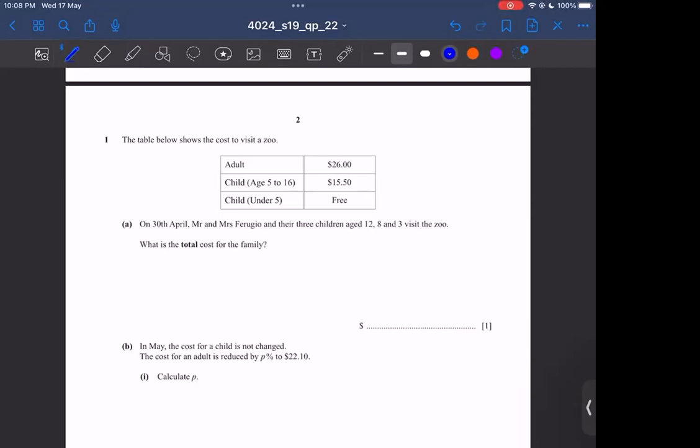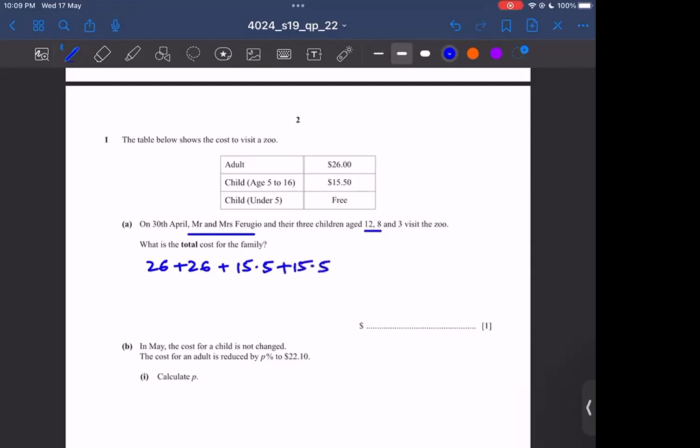So Mr. and Mrs. Frego will be considered as adult. So their charge will be $26 plus $26. And the child that is age between 5 to 16, there are 2 children aged between 5 to 16. So their ticket price is going to be 15.5 plus 15.5.